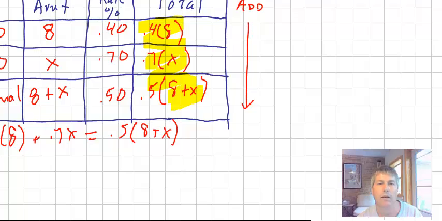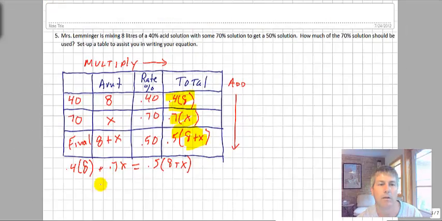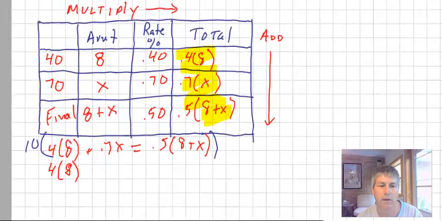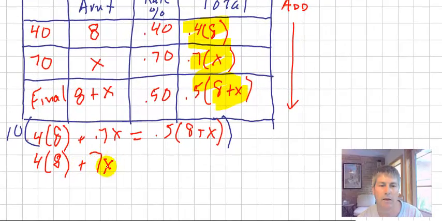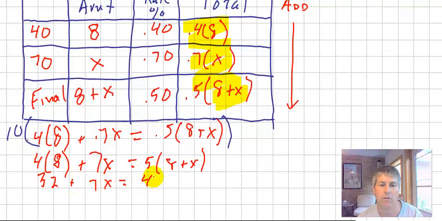I'm going to go ahead and multiply everything by 10 to get rid of the decimal and get 4 times 8 plus 7 times x equals 5 times 8 plus x. So I get 32 plus 7x equals 40 plus 5x.